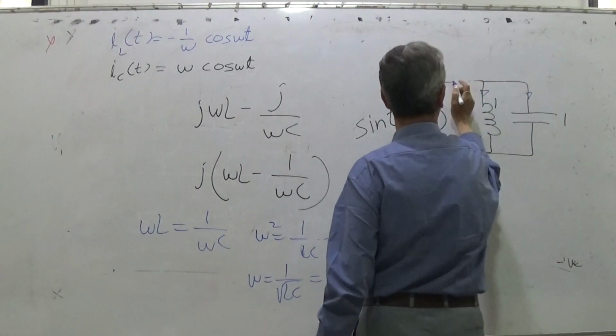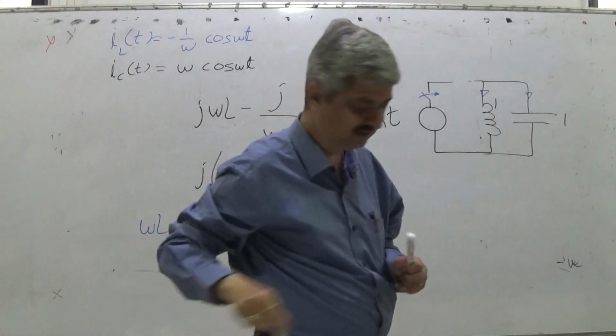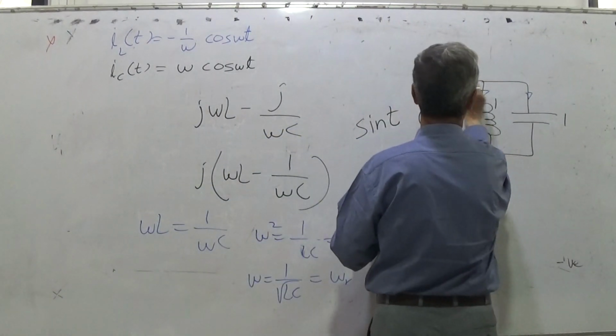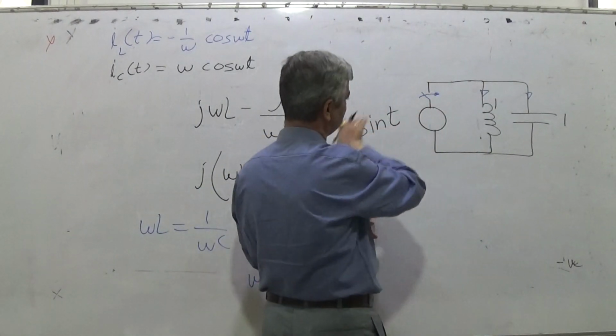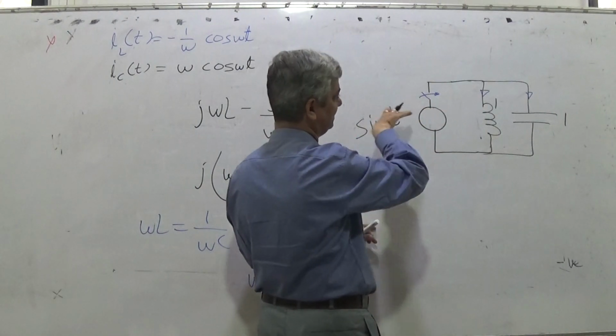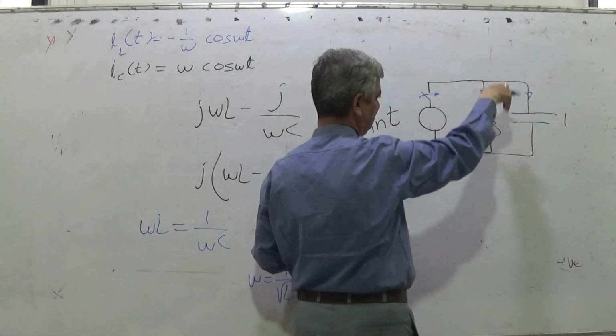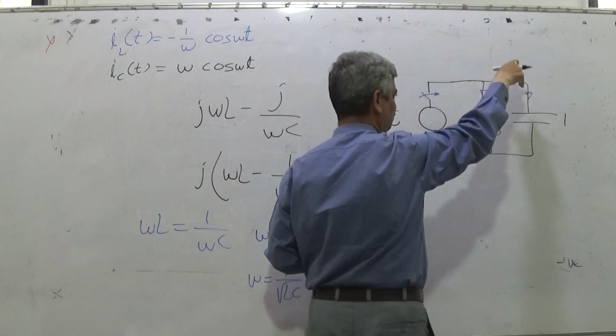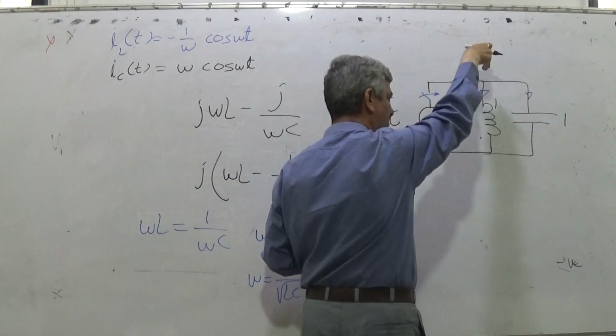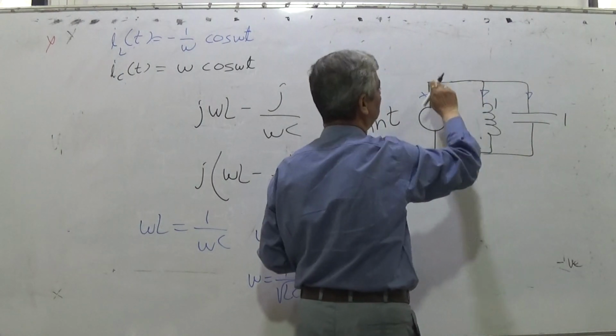There was no concept of any kind of current right now. And if I connect sin t to this, there will be current in this, cos t, current in this would be minus cos t, and total current will not flow.